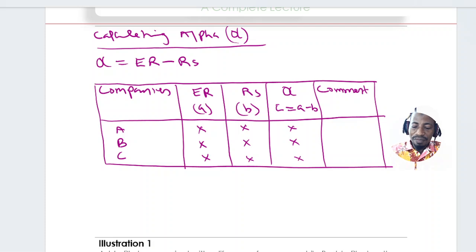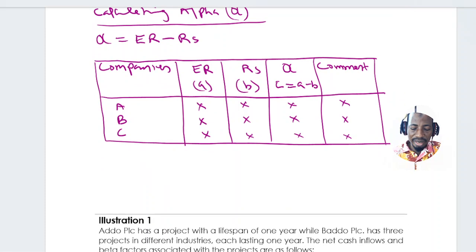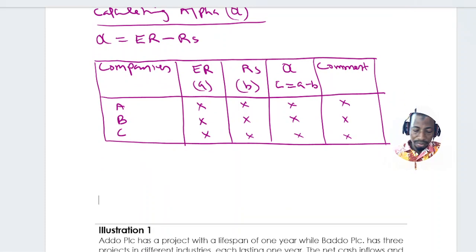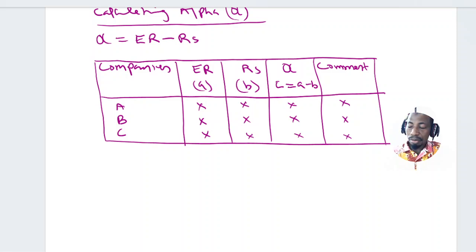So the security could be undervalued or overvalued or rightly priced, whatever it is, just put it there. However, when you compute your alpha value, you are expected to interpret your results. If you are writing a professional exam, whether you are asked by the examiner or not, you are expected to make a recommendation or advice on what needs to be done on the investment.